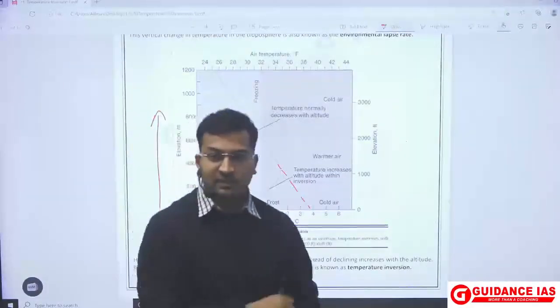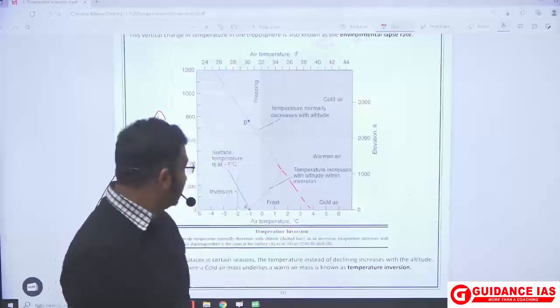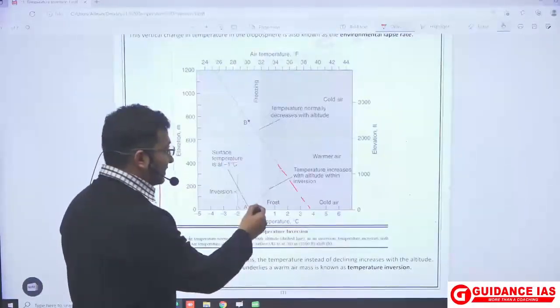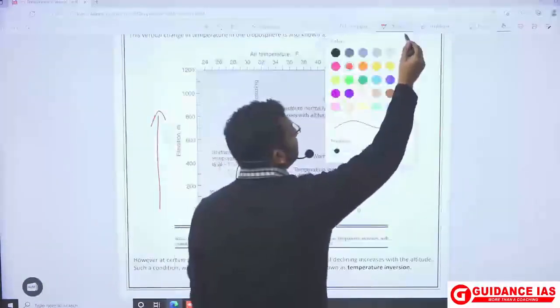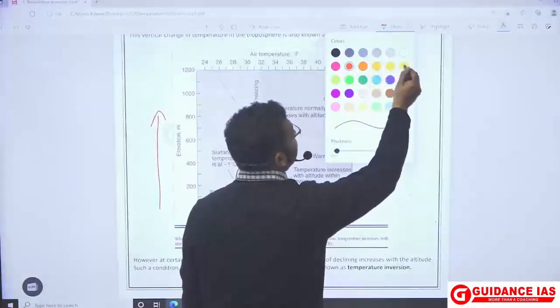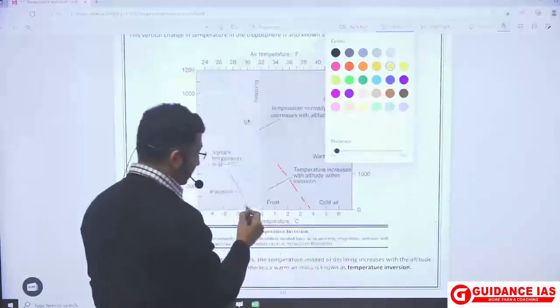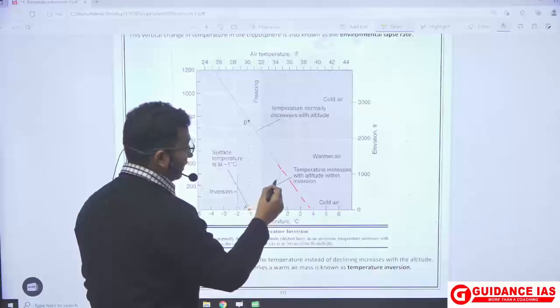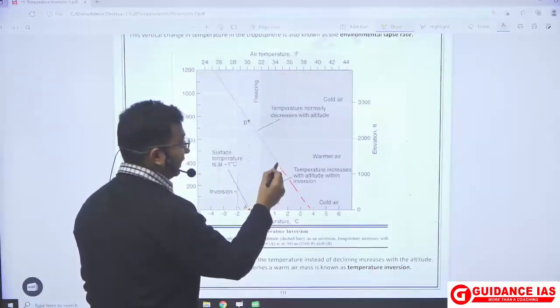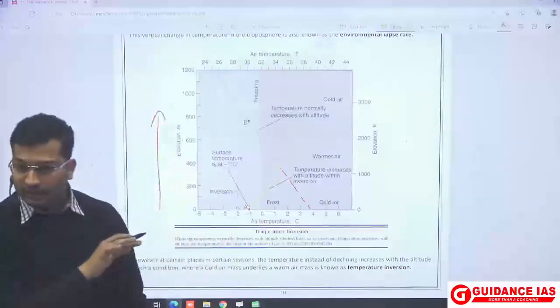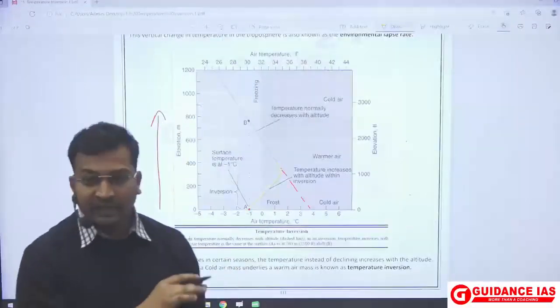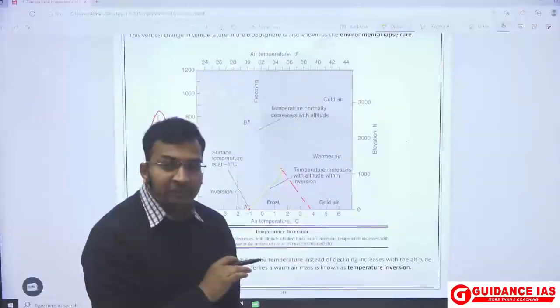at certain places, during certain seasons, there is increase in temperature with increase in height. Here you can see the temperature is increasing. It increases up to certain elevation, then it again goes on decreasing.